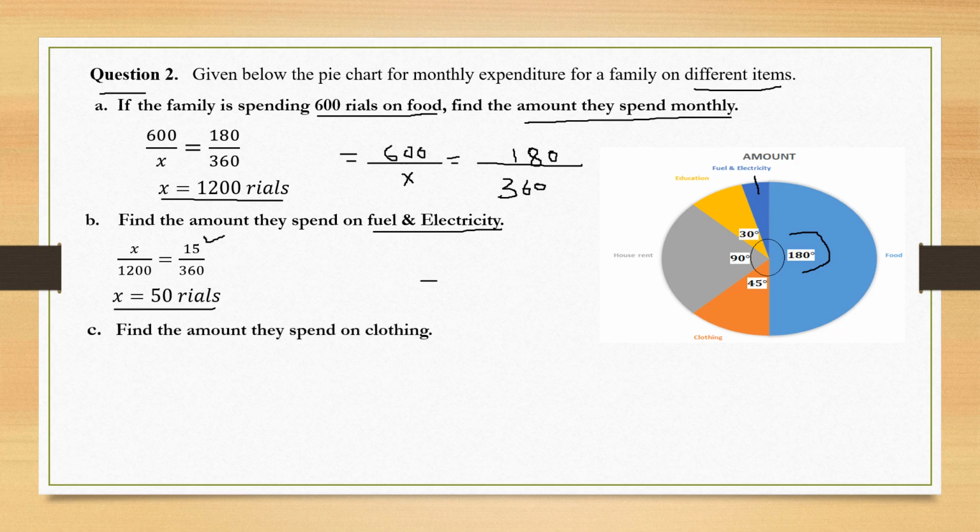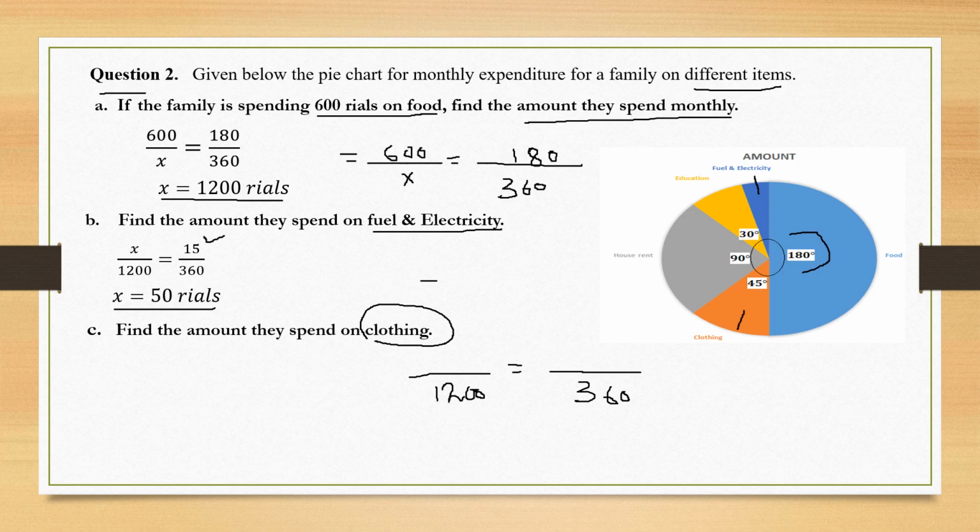Now find the amount they spent on clothing. In the same way, we have 360, and the total amount which we spend is 1200. So we need to find the amount for clothing. Where is clothing? Here is the clothing.